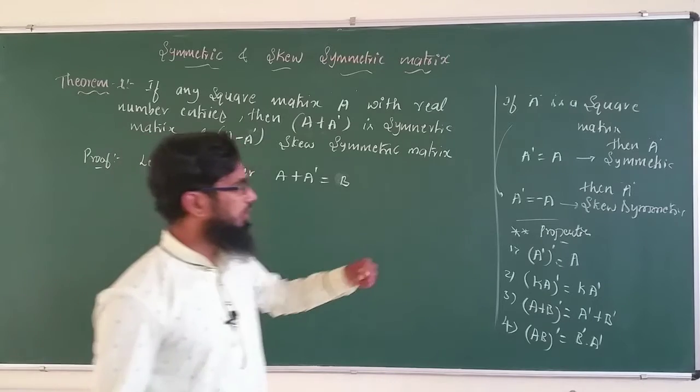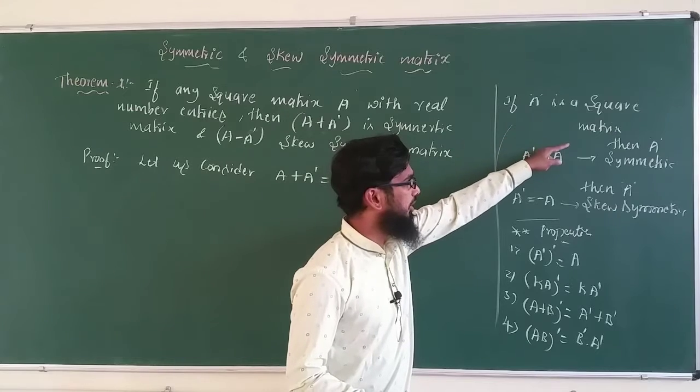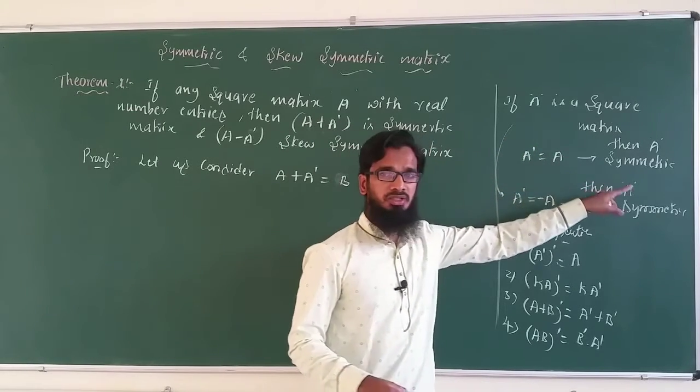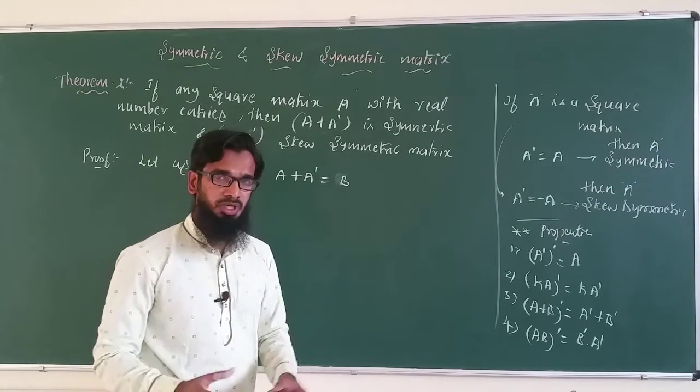According to the definition of a symmetric matrix, if A is a square matrix and A transpose is equal to A, then the given original matrix A is called symmetric.